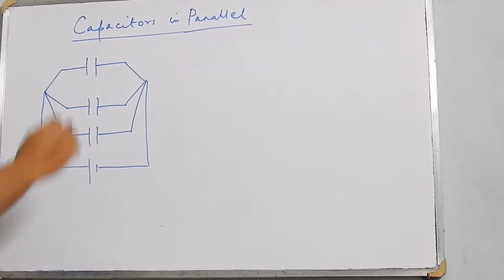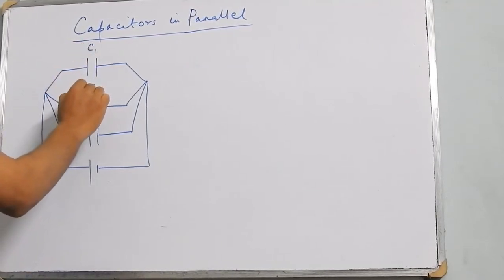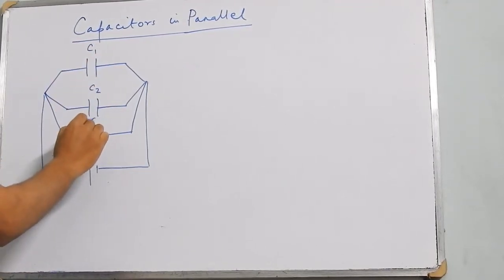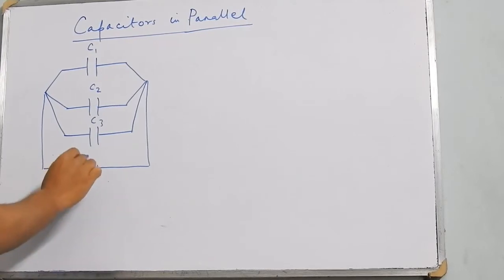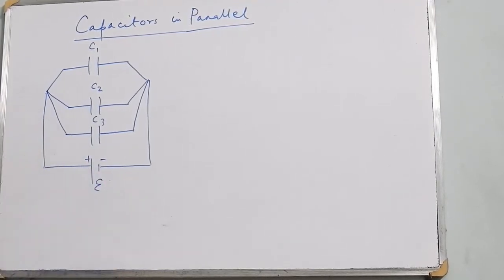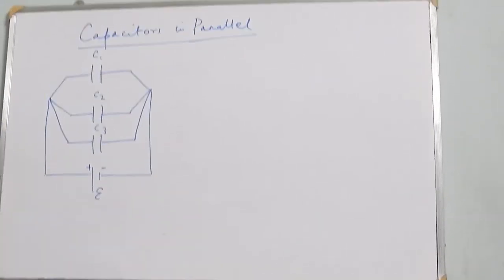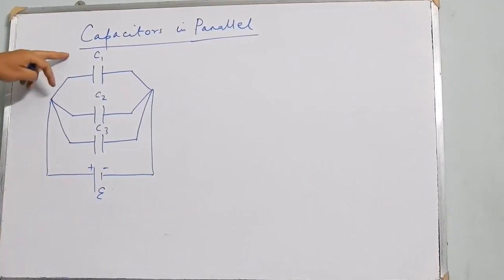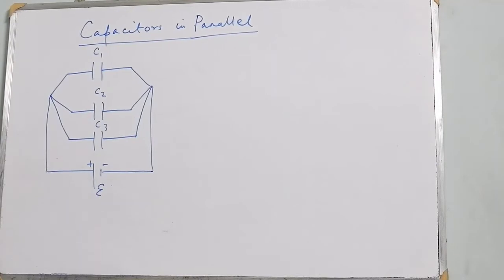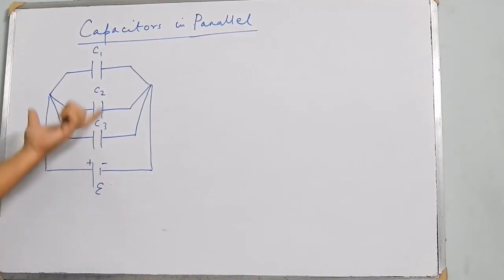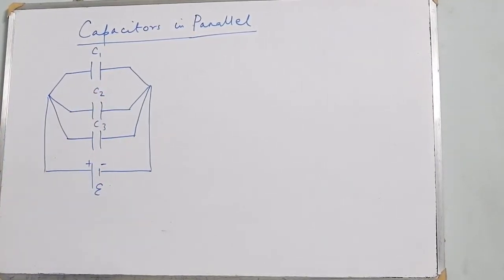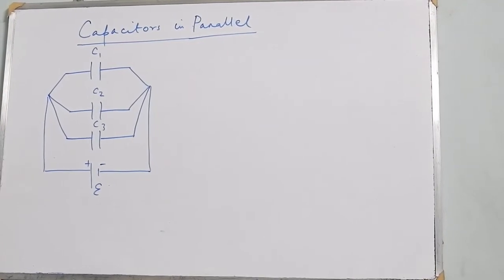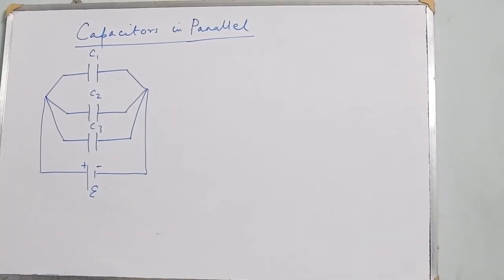The capacitances are respectively C1, C2 and C3, and the battery is of EMF epsilon or E. Now, because these capacitors are connected in parallel, the same potential difference will occur at the ends of each capacitor, but different charge will get deposited.